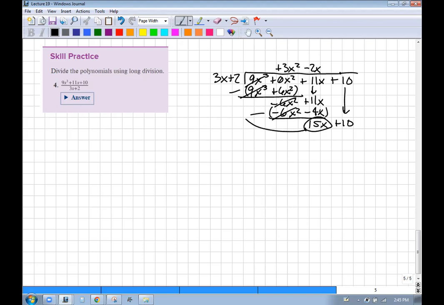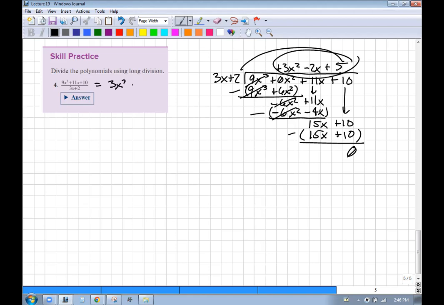I need a 15x from a 3x. I need to multiply 3x times 5. That gives me my 15x. And it also gives me a plus 10. I subtract these, I get 0. That is my final answer. All right. This is 3x squared minus 2x plus 5. And you can check your work by multiplying both sides by 3x plus 2.